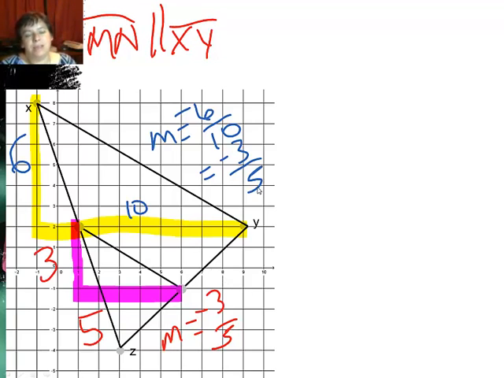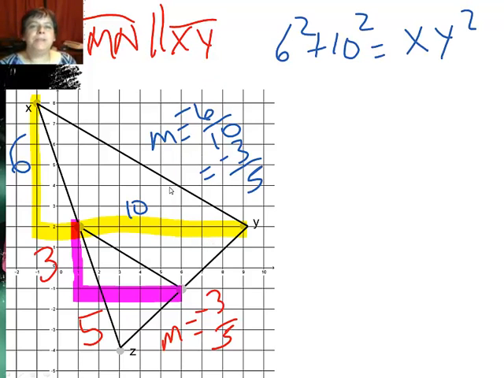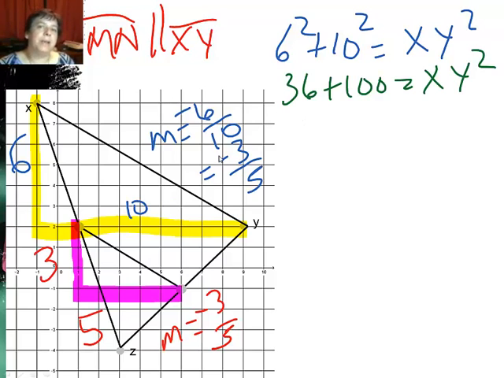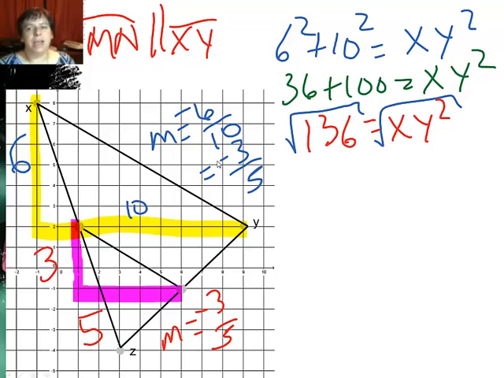The next thing I'm going to do is find the length of these. I'm going to use the Pythagorean theorem. If you prefer, you can use the distance formula, but that does take more room. So I'm going to use my yellow triangle first to find the distance of XY. 6 squared plus 10 squared equals XY squared. Squaring both the numbers, I get 36 plus 100 is XY squared, or 136 is XY squared.